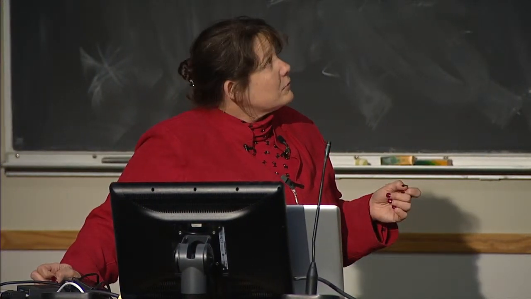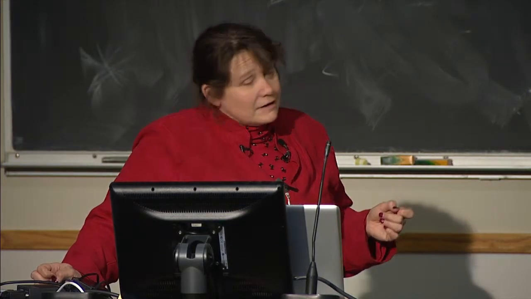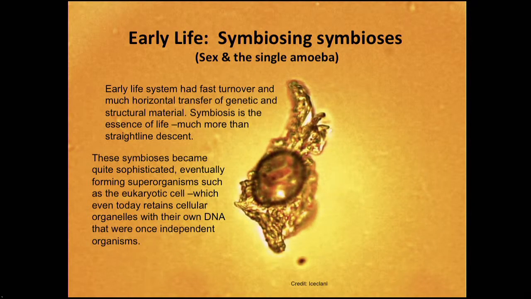So this is an amoeba. You can think of it in terms of a symbiosis of various kinds of bacteria-like organisms. So in that manner, even though it's a single cell, a eukaryotic cell, a cell with a nucleus, you can think of it kind of as a superorganism of its own.